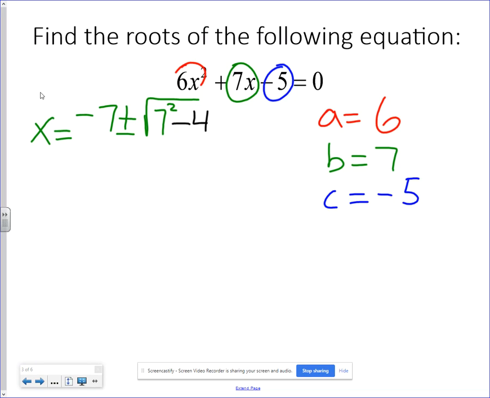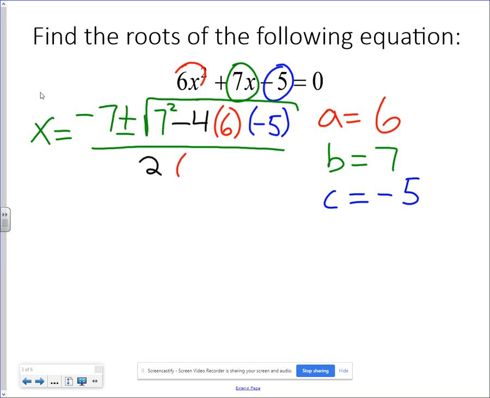Now we have our a term, which we found a was 6, and then we'll have our c, which we found to be negative 5. That will all be over 2 times our a term, and our a term, as we found earlier, was 6. So now all we have to do is simplify this, and this will give us the roots to our quadratic equation.